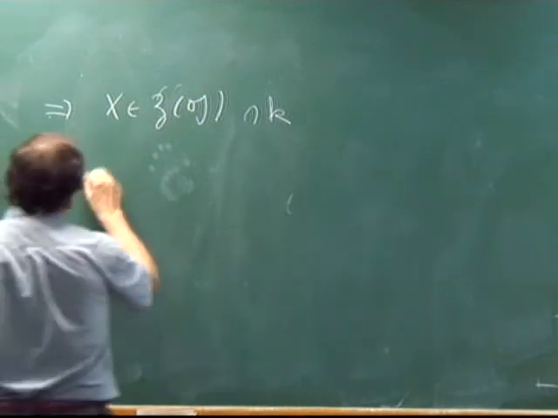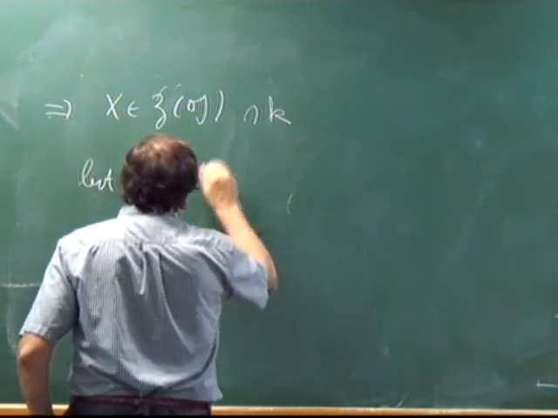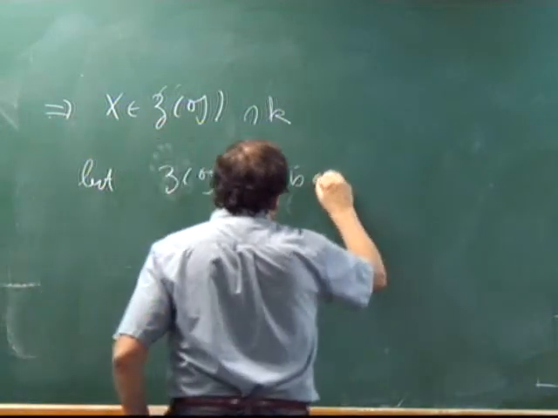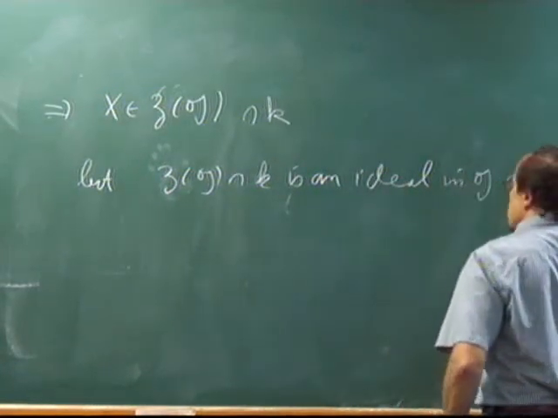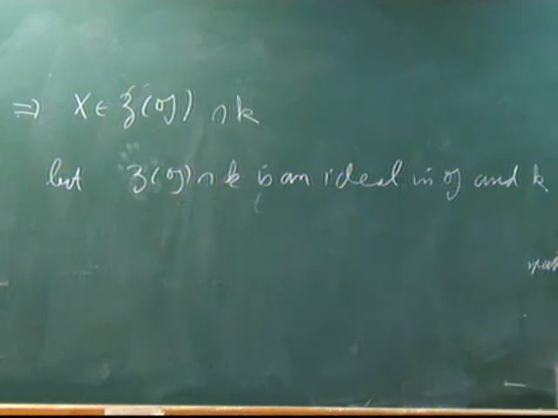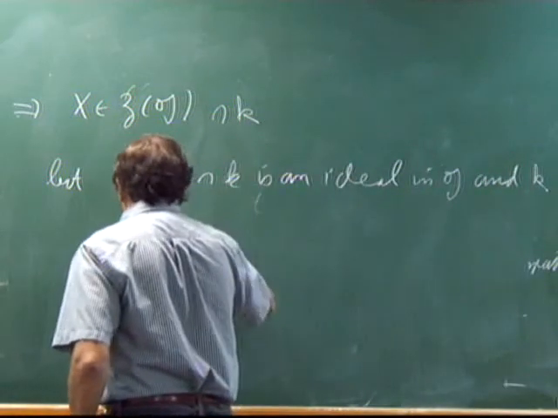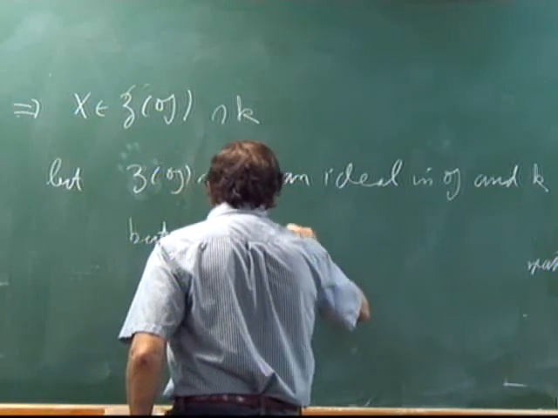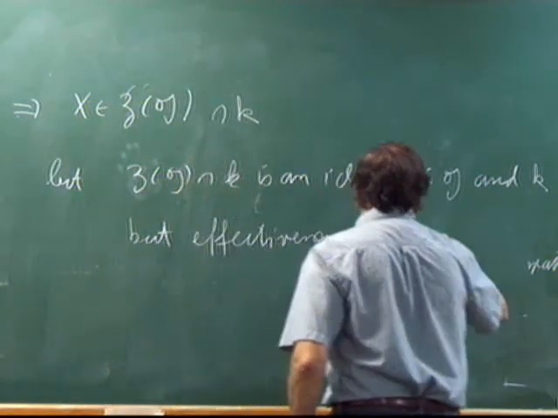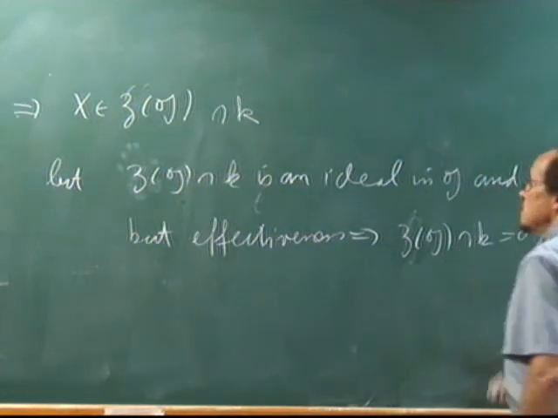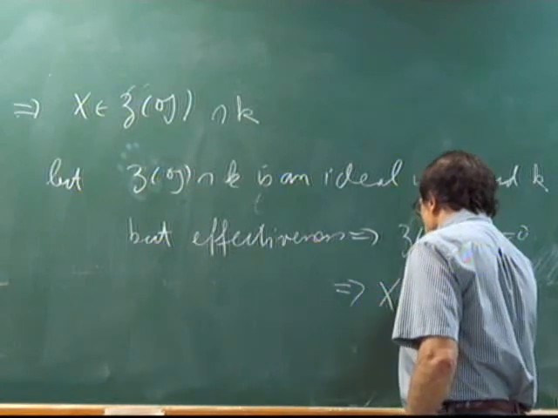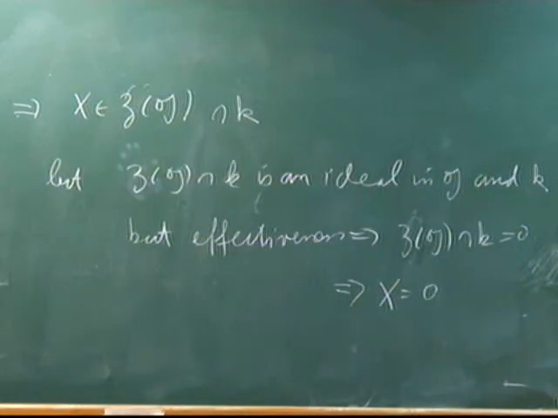So the center of G intersected K is an ideal in G and K. The center is an ideal, and it lies in K, so that's also an ideal in K, but also an ideal in G, in the big one, but effectiveness implies it's 0. So that implies X is equal to 0.